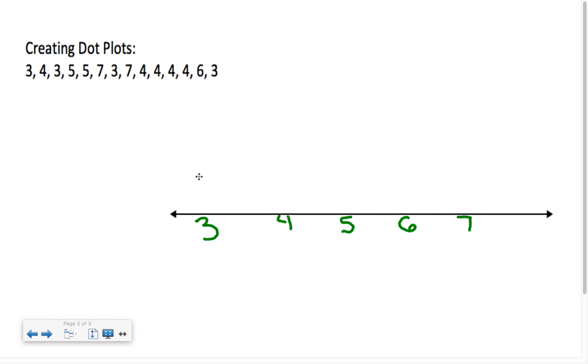We have a 3, so we put a dot at 3. We have 4, put a dot at 4. We have another 3.